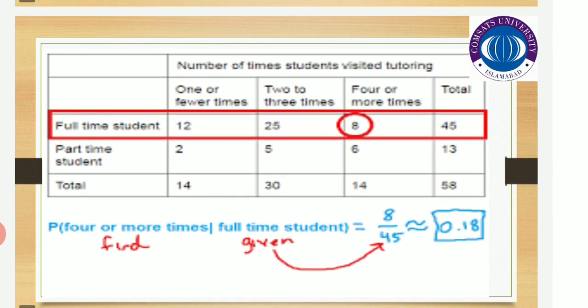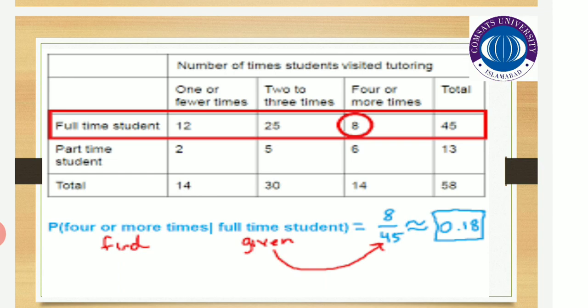So there are 45 total full-time students. And in the second row, you can see that there are 2 students who go to tuition 1 or fewer times, 5 students who go 2 to 3 times, 6 students who go 4 or more times. So there are 13 such part-time students who go to tuition.